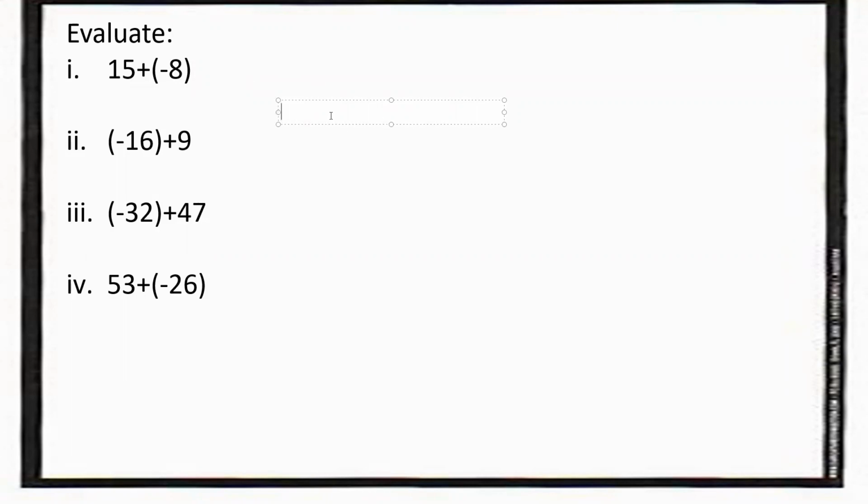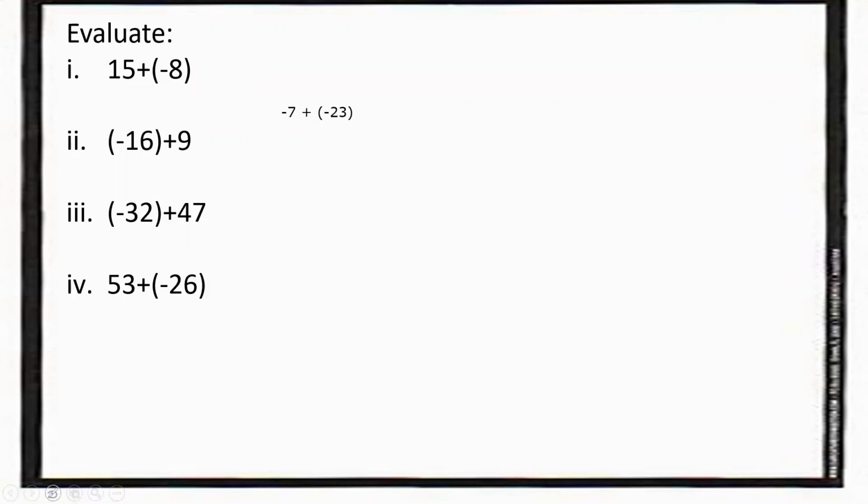I found some questions: minus 7 plus bracket minus 23. This will also be in bracket, but leave it. So this question is minus 7 plus minus 23.